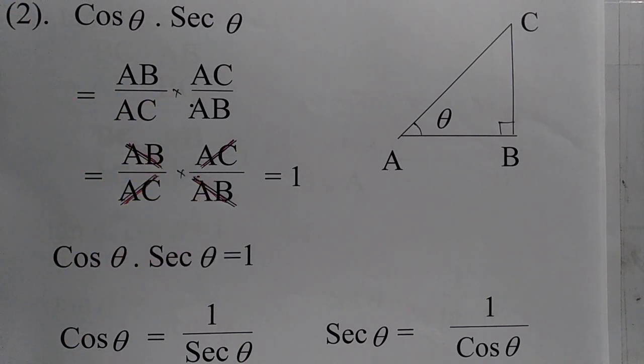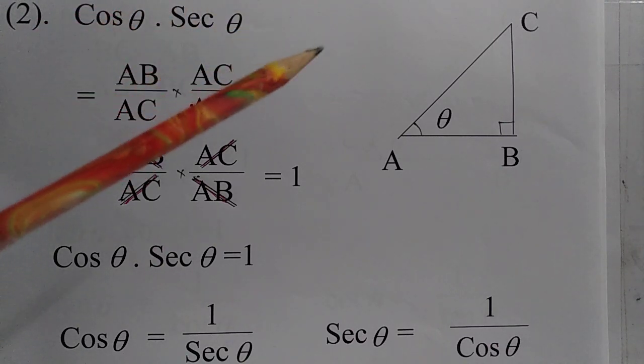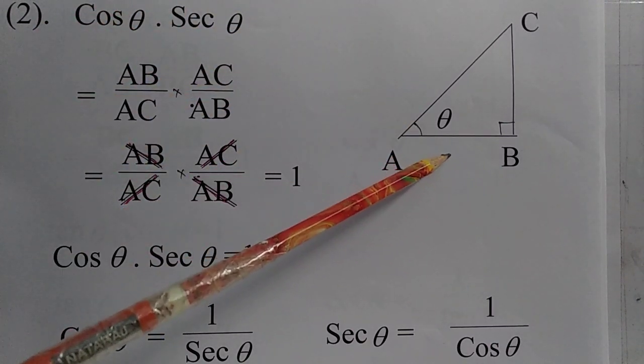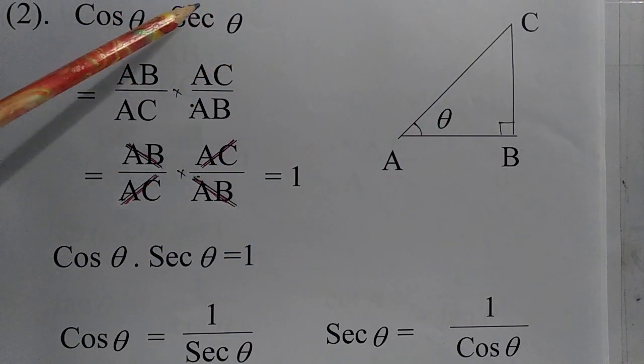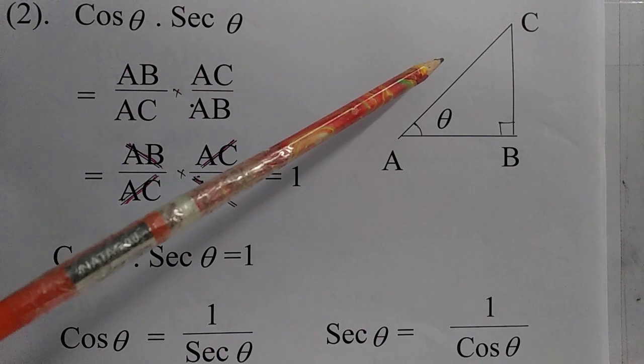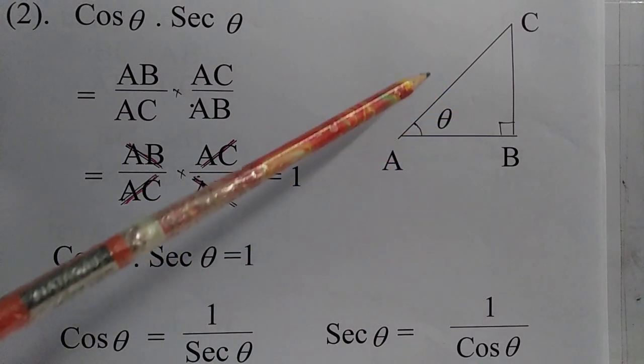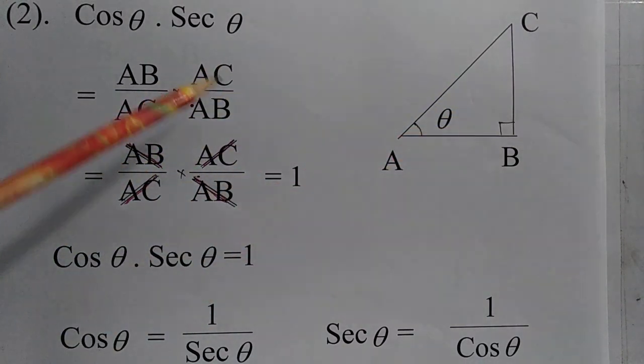Once again, second relation, cos theta into secant theta. Cos theta is defined as adjacent side to theta by hypotenuse, that is AB by AC. Secant theta is defined as hypotenuse by adjacent side to theta, that is AC by AB.